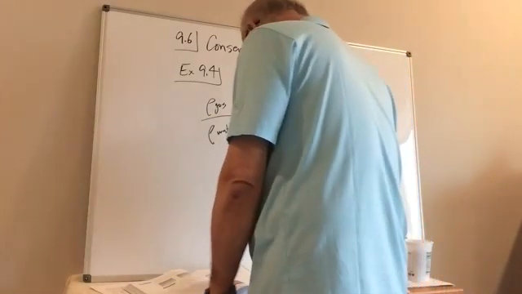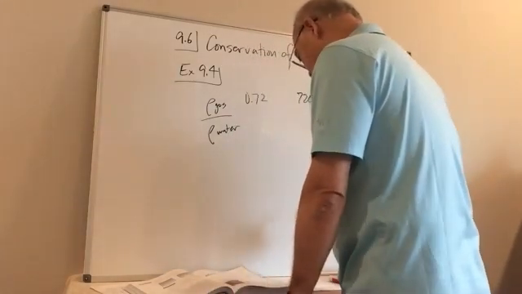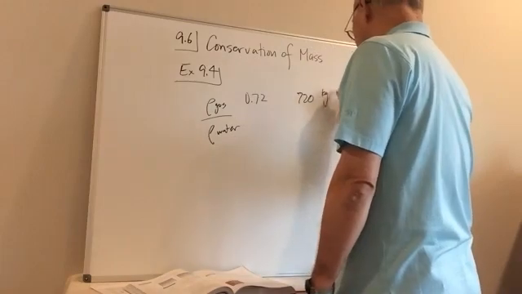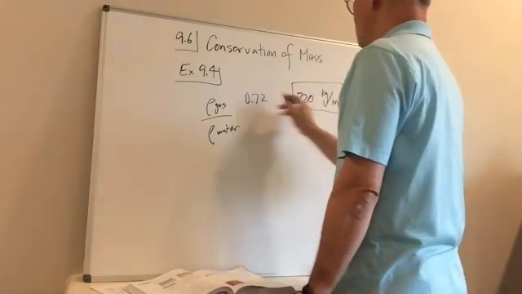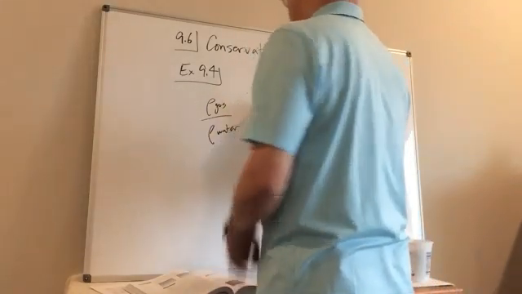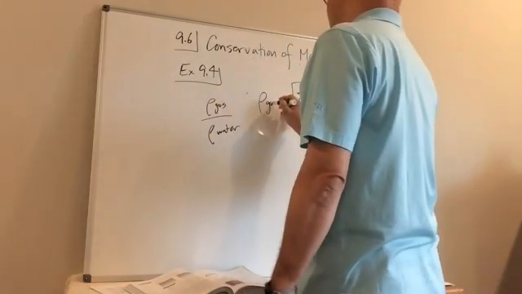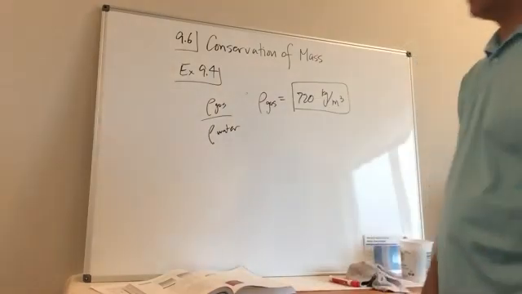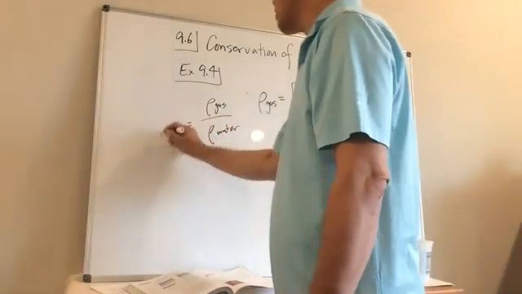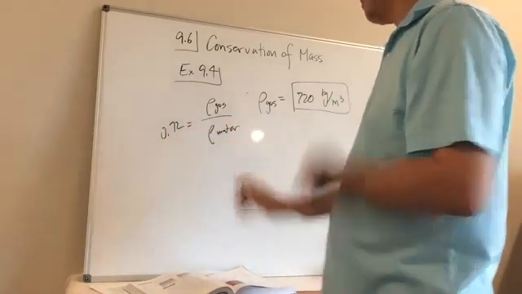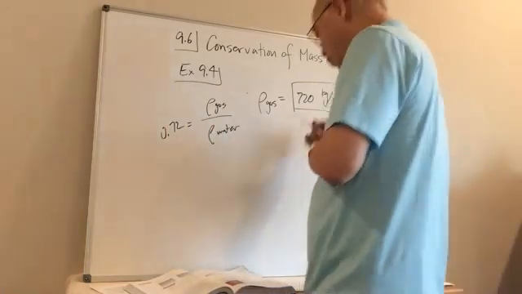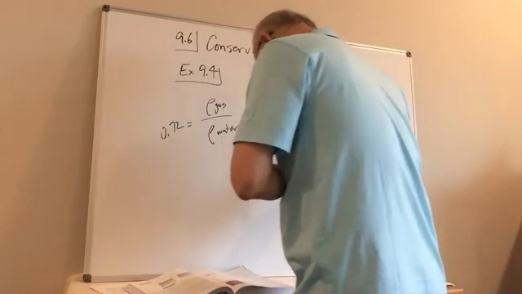So this is going to be 720 kilograms per meter cubed. So this is going to be the rho of gas. Okay, because this guy here was 0.72. This guy here was 1,000, right? Okay. So we have 720, and what are we doing here?